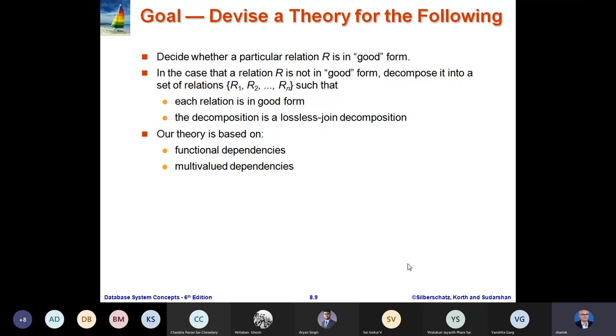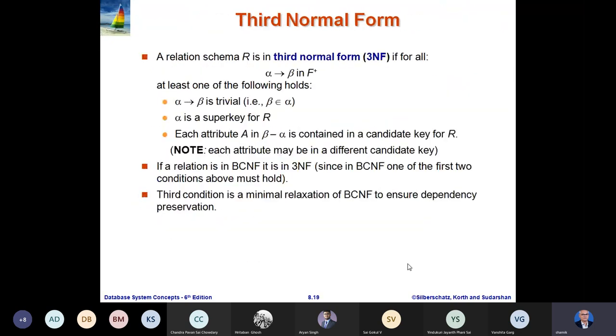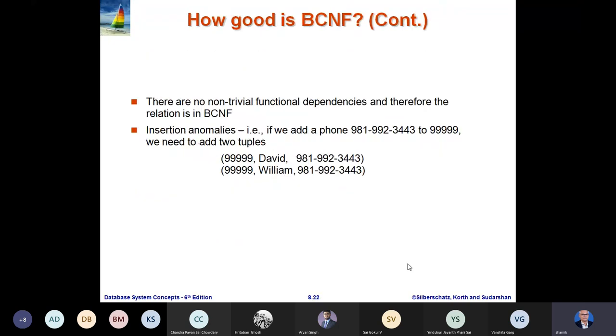This BCNF that we are talking about is in the context of functional dependencies, and the reason why this particular schema is not good is not because of any issue with functional dependencies, but rather multi-valued dependencies. And multi-valued dependency has some connotation with the multi-valued attributes we had seen before.